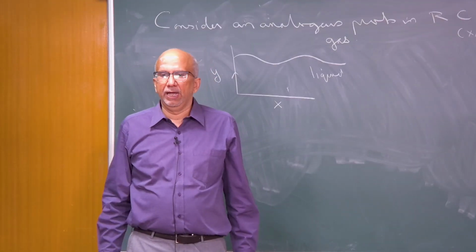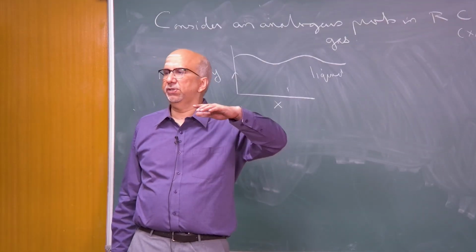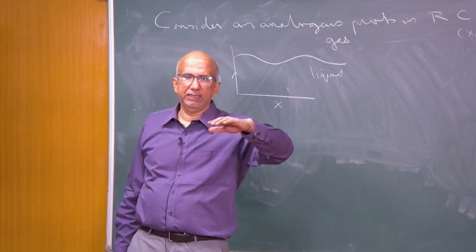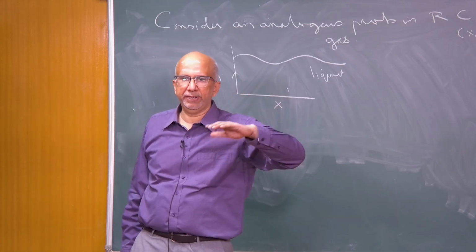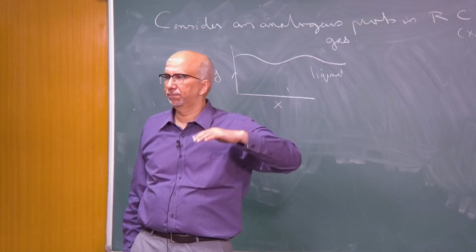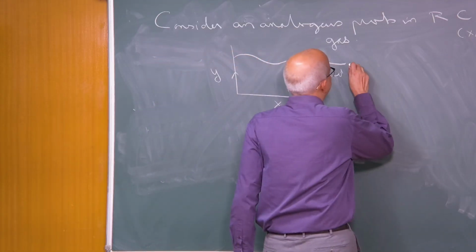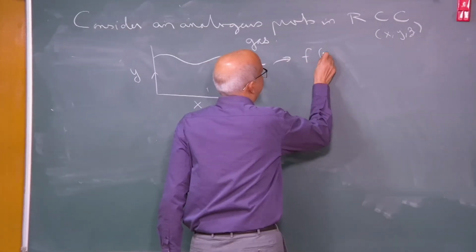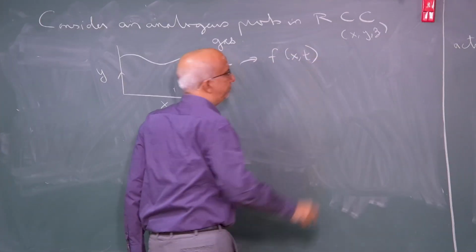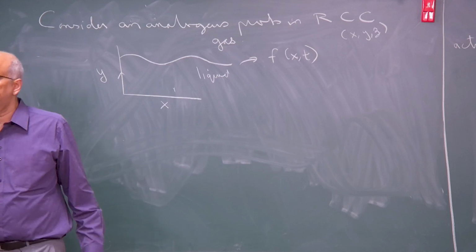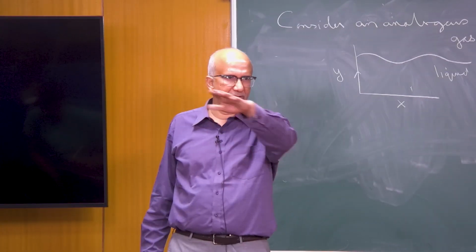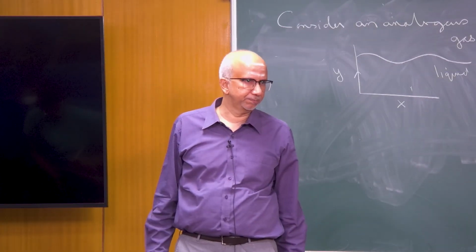Suppose you go to the beach, you will see that the surface keeps varying with space and also with time. So, this surface f is a function of x and t. Standing on the beach, you see the waves which keep coming on the free surface.